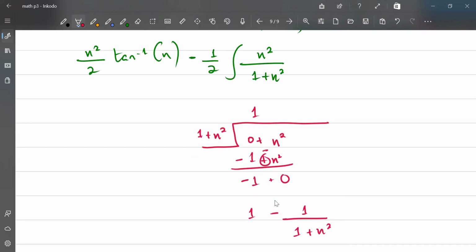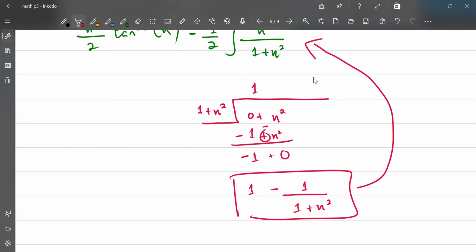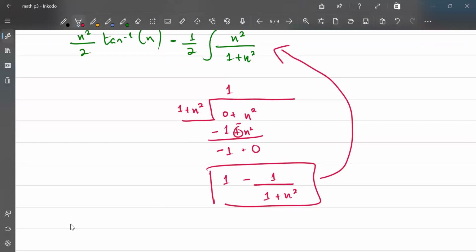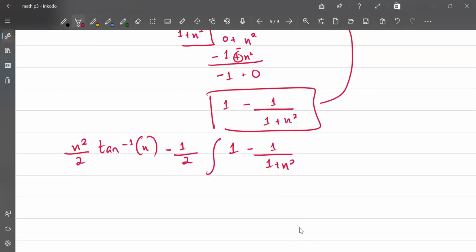Now we can put this in place of this. So it would be x square upon 2 tan inverse of x minus 1 upon 2 integral of 1 minus 1 upon 1 plus x square.